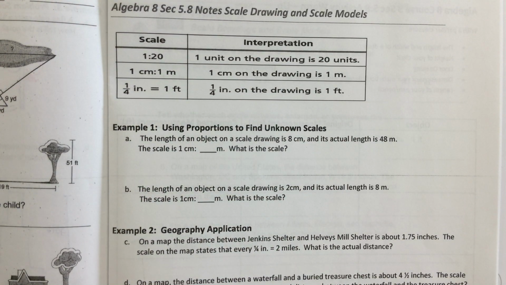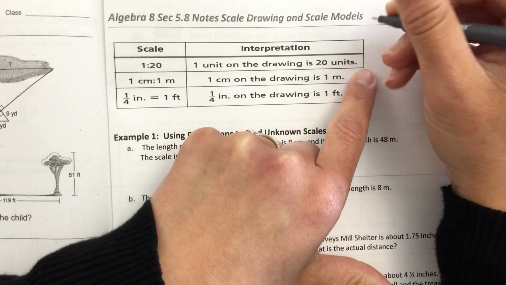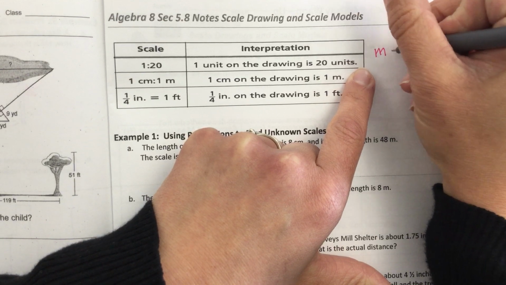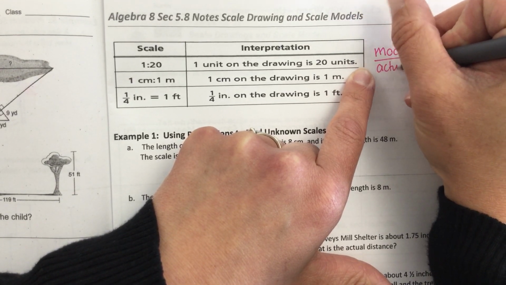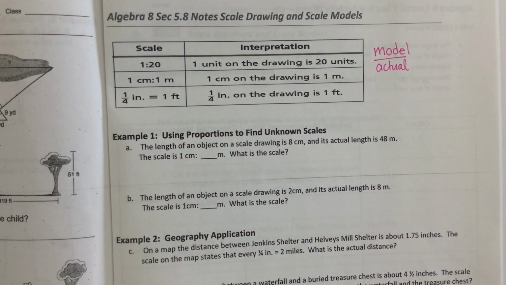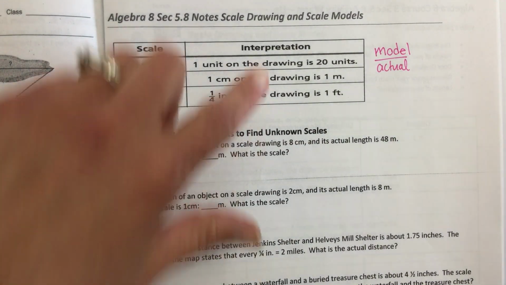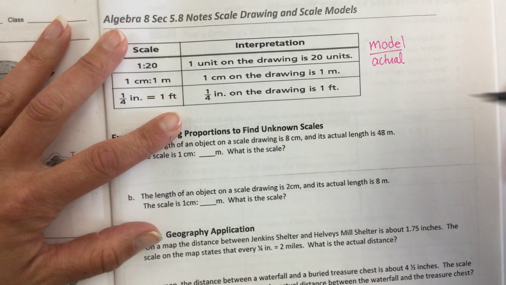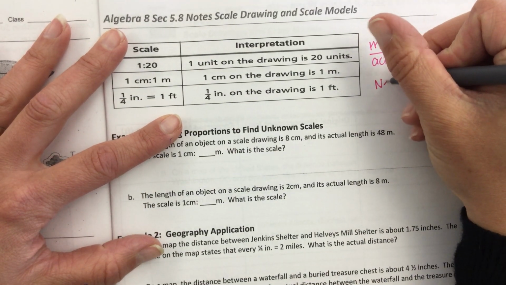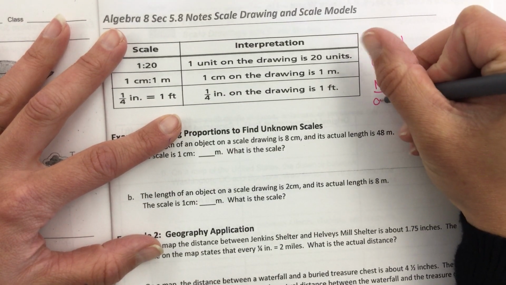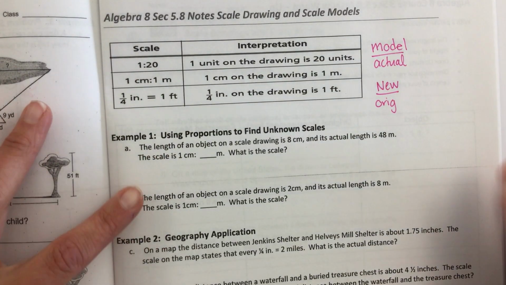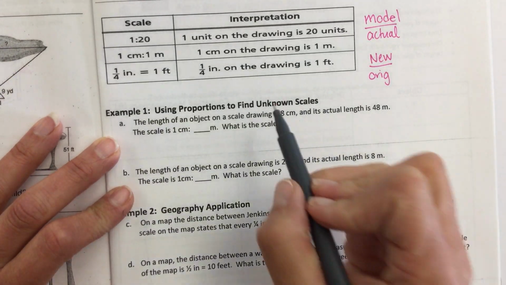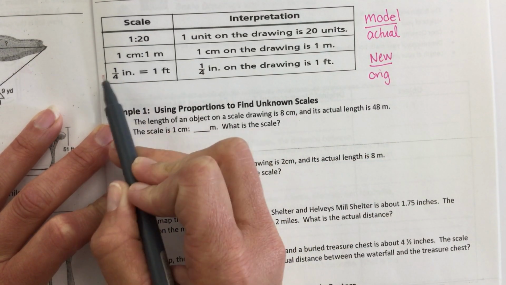So one thing to remember, every time you use a scale, it is model to actual. And the other way that I've talked about this before is new to original. That's another way to think about it. So we want to find the scale.